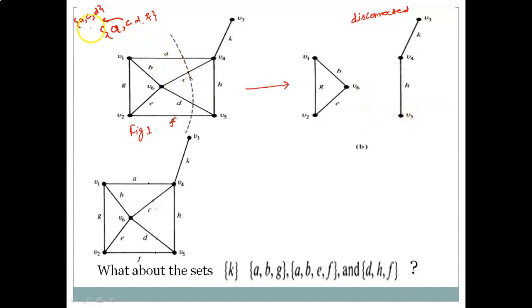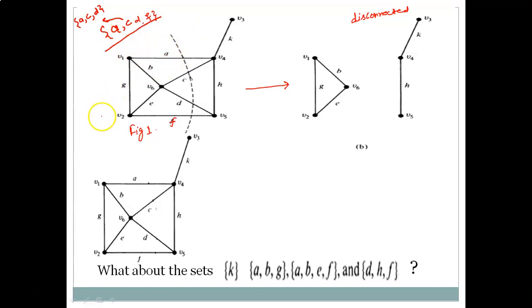So the subset ACD cannot form a cut set. So this is explaining the second point. Any proper subset of this will not leave this graph disconnected. Therefore, the cut set for this is A, C, D, and F.